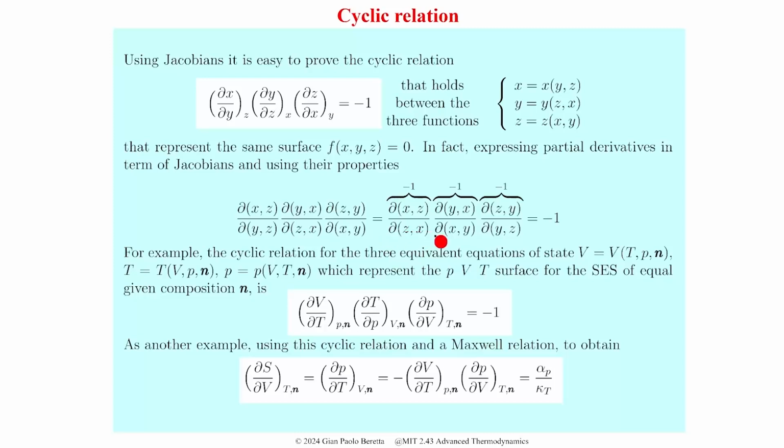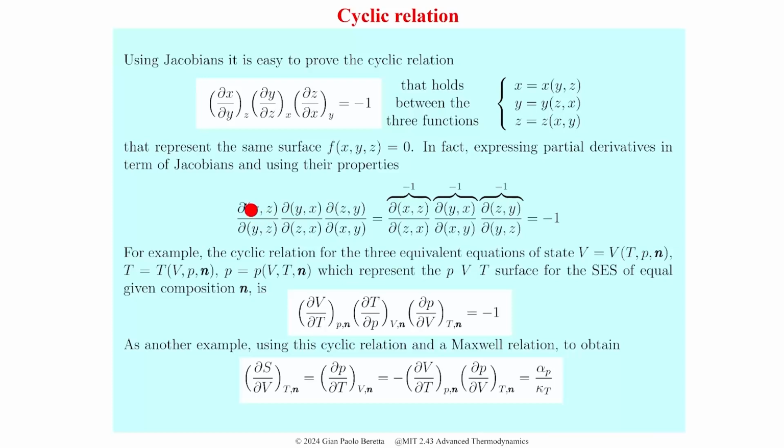If I switch one column, it changes sign. Okay, so I write these, which are easy identities, then I rearrange them in a more interesting way, so that again I have the same variable numerator and denominator.